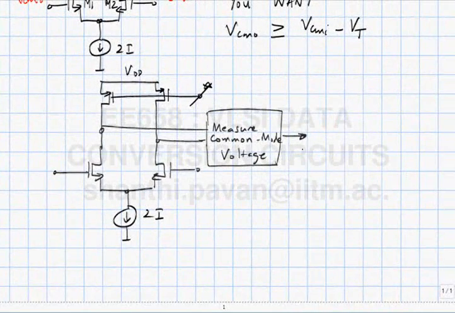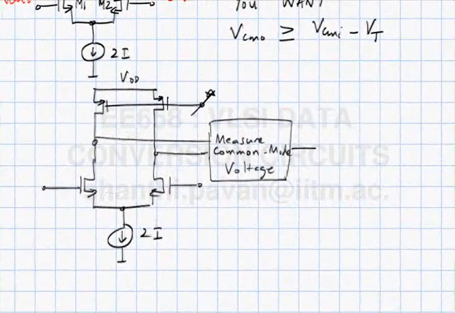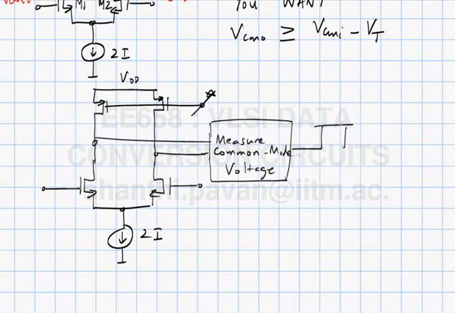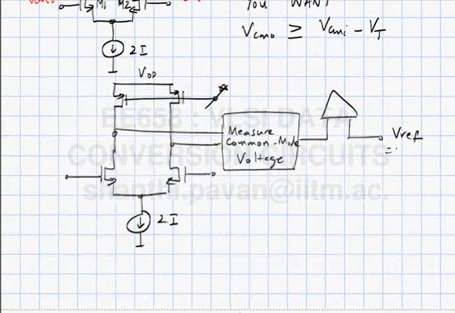So you measure the common mode voltage and you compare it with a reference which I will make equal to VCMO, my desired common mode output voltage. So if this voltage is too high, what does it mean?